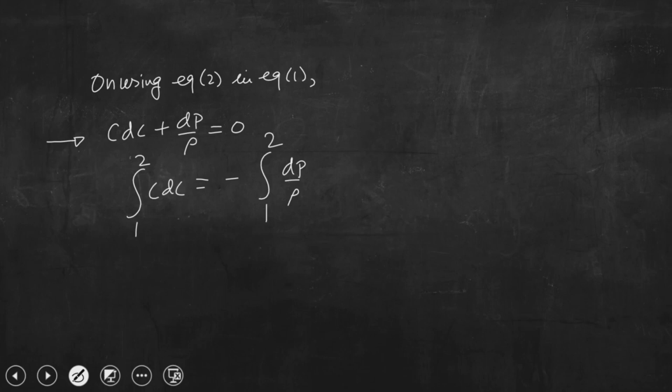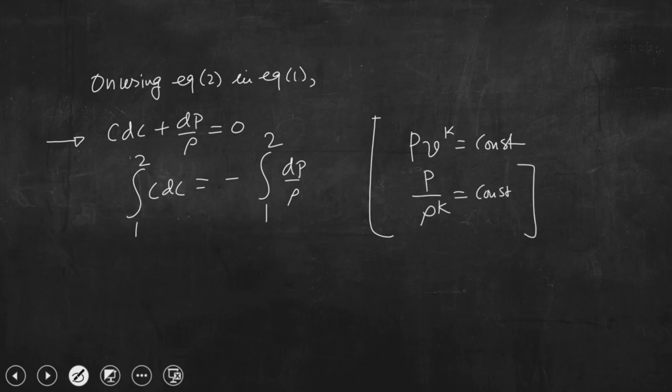We know that PV to the power k equal to constant for an isentropic process. So, P by rho to the power k equal to constant. If we plug in the value of rho from this expression into this equation, then we can perform the integration and get the change in flow velocity of steam as it moves from the inlet section to the outlet section. And starting from this, we shall try to calculate the mass flow rate of steam at the exit of the nozzle.